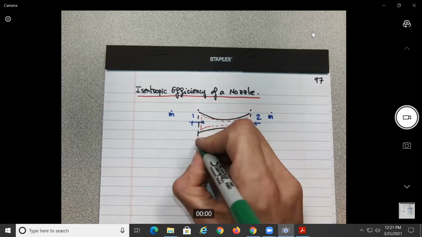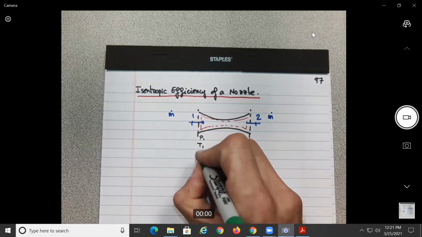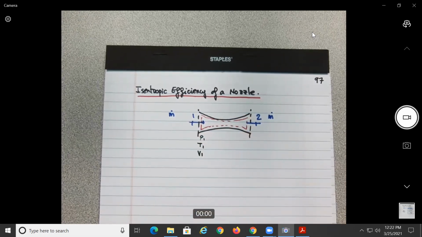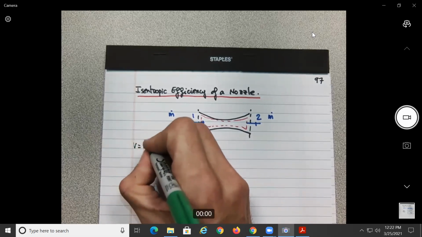So let's say that here you have P1, T1, and V1. V here is not the volume, obviously, it's the velocity, no? This V here is velocity. It's not volume.